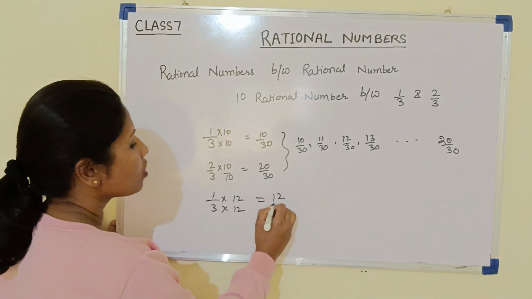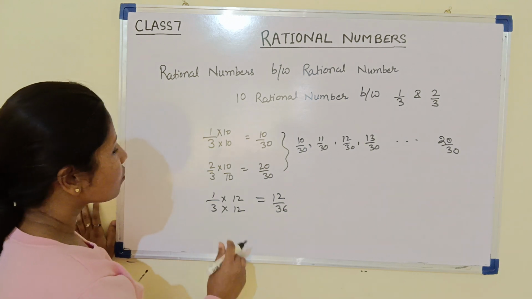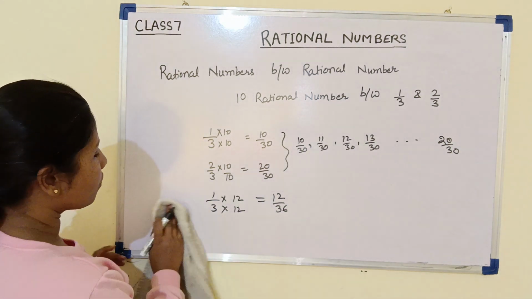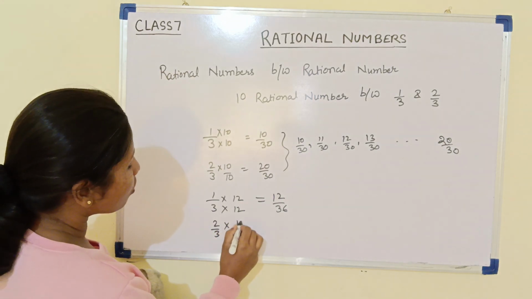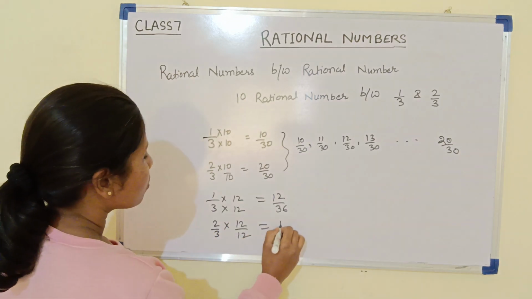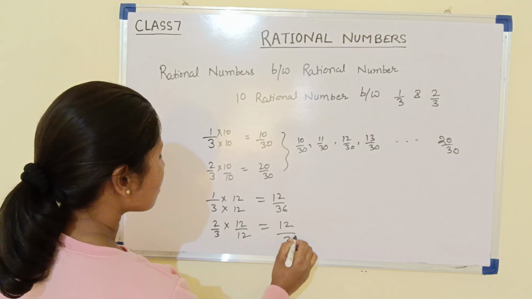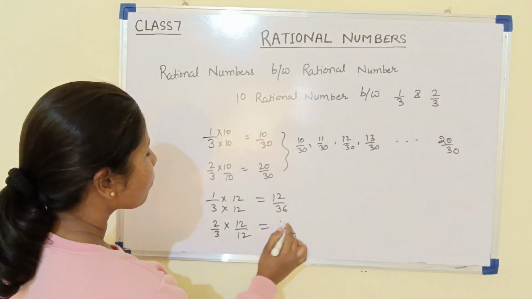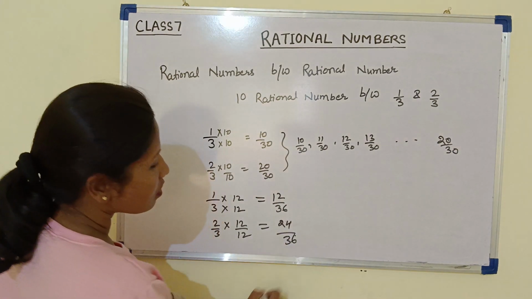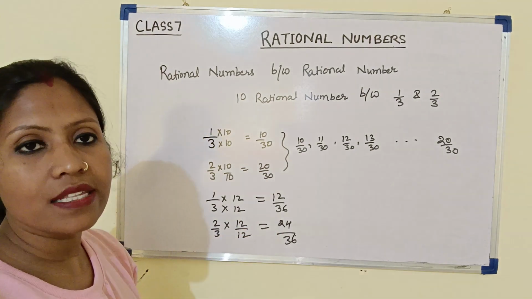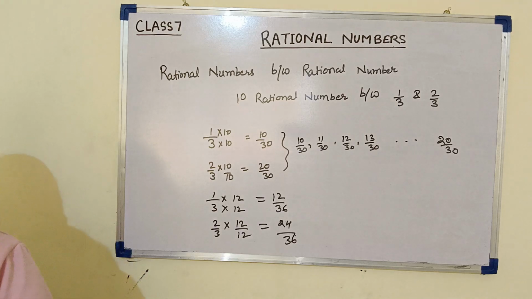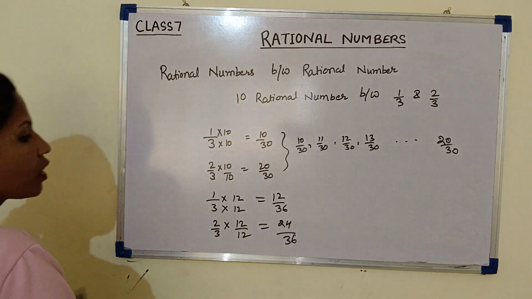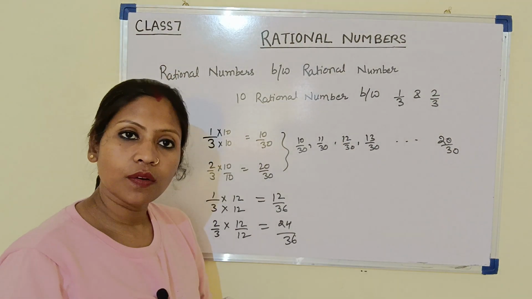Then you will get 12 by 36 and 24 by 36, and in between you can easily find 10 rational numbers.